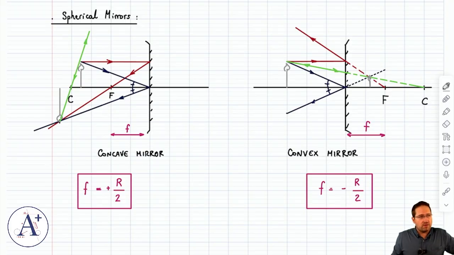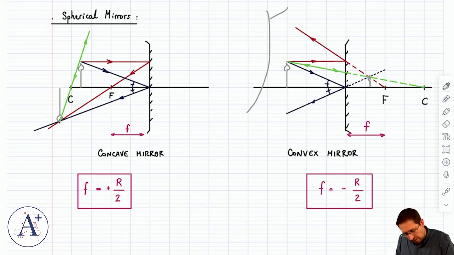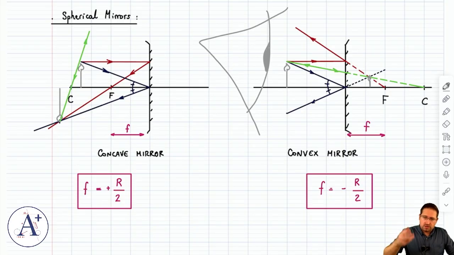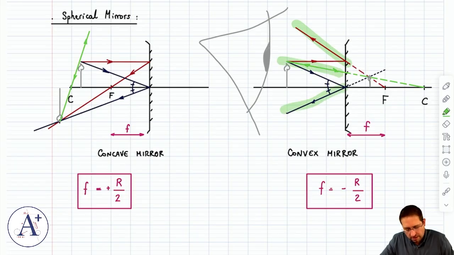Now, you might say, well, that's all fine, but how do I see it if I can't form it on a screen? Well, you'd have to be looking at this thing like this. And then your brain is going to trick you. Your brain is going to say, well, if you see light coming like this, you have no comprehension of what a mirror is and that, in fact, the candle's right here.